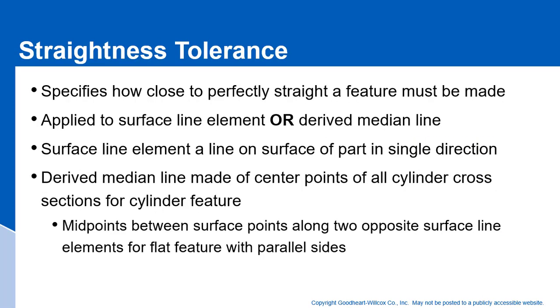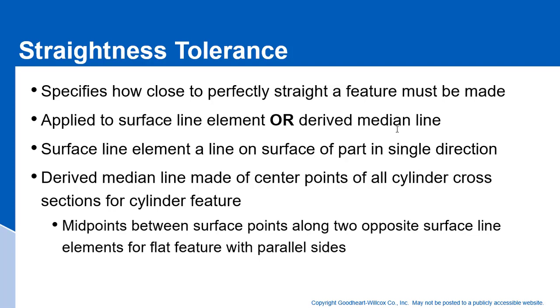So let's start talking about what a straightness tolerance is. A straightness tolerance specifies how close to perfectly straight a feature must be made. Again, this can be applied to a surface line element or a derived median line. If I was applying a straightness tolerance to a surface, it would be applied to a surface line element.